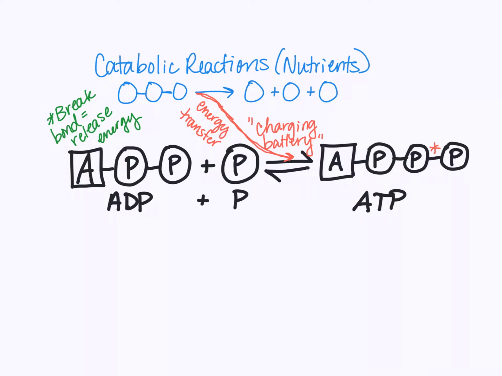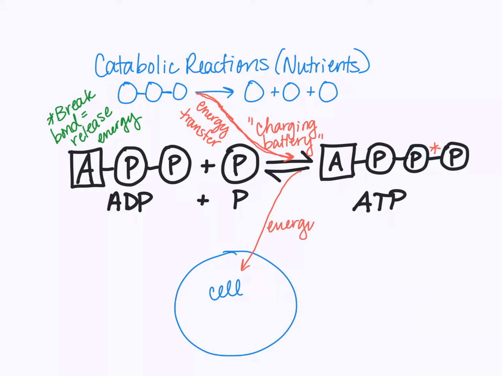Now, let's say we have a cell that needs to do something. So let's say that we have a cell down here, and the cell needs energy for some sort of cellular work. That cell has the ability to do the reverse reaction and release that energy in order to transfer it to whatever the cell needs it for.